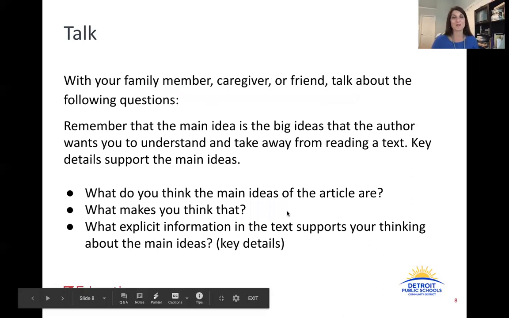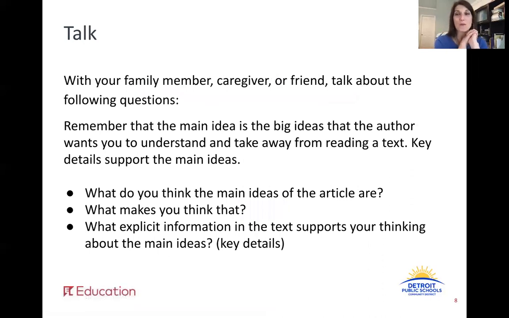All right, superstars, so you had a chance to think about it. So now what I want you to do is with your family member, caregiver, or friend, talk about the following questions. And remember that the main idea is what? Yes, you're right. The big idea is what the author wants you to understand and take away from the text. And the key details support the main ideas.